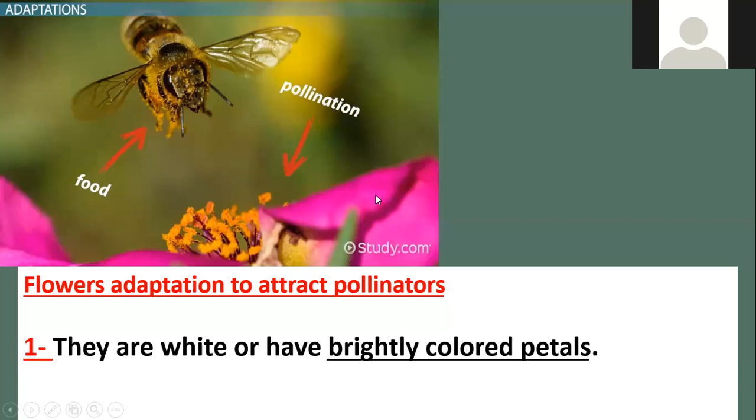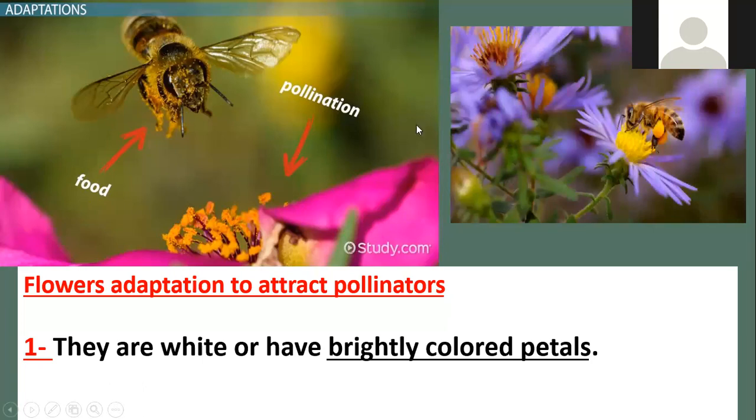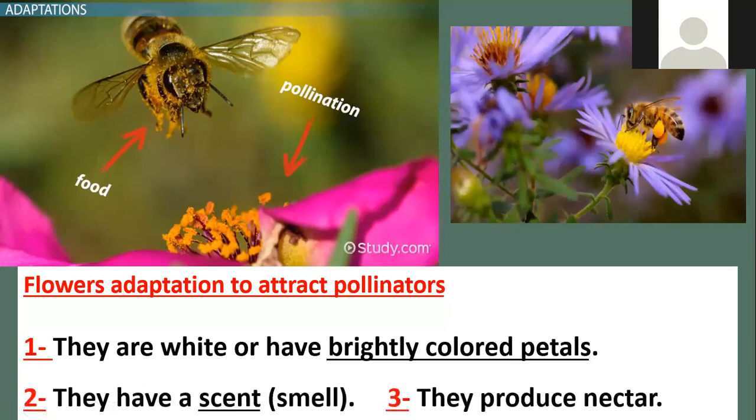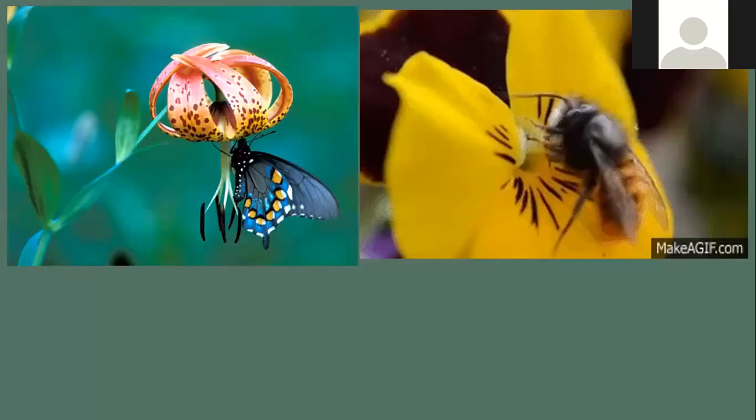They have very bright colors, as you can see. Also, they have a scent or smell. They produce nectar. They have a scent, and they have very bright colored petals.